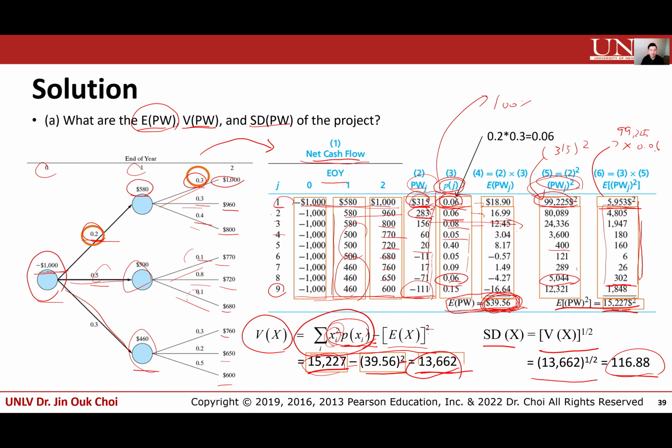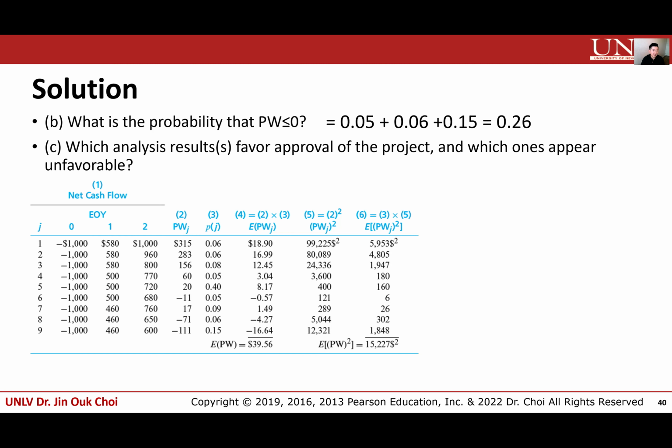All right. So that was the answer to the first question. The second question was, what is the probability that present worth will be negative? To do that, we have to check the present worth, and those that are negative are case 6, case 8, and case 9.